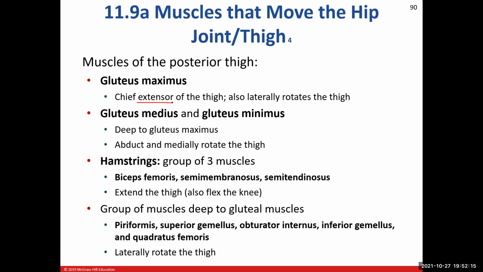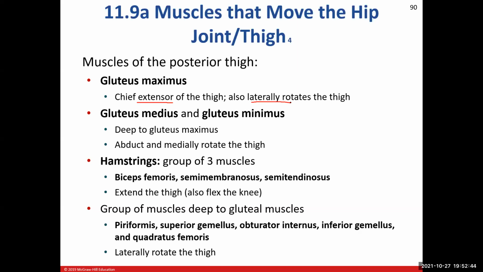Good way to tell if this muscle is compromised, if someone complains about having difficulty walking upstairs, and if they say, I just can't get the power to walk upstairs, you should be thinking gluteus maximus. All right, so that's going to be the main extensor of the thigh. It'll also cause some lateral rotation of the thigh. It'll help to, if your leg is straight, turn your toes out.